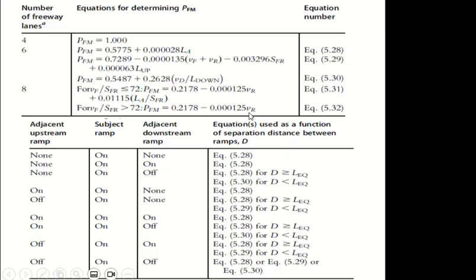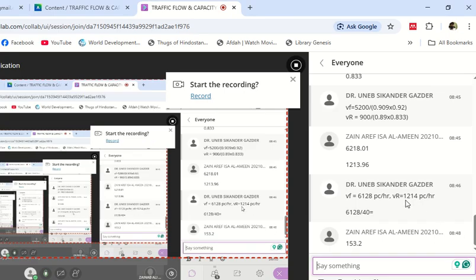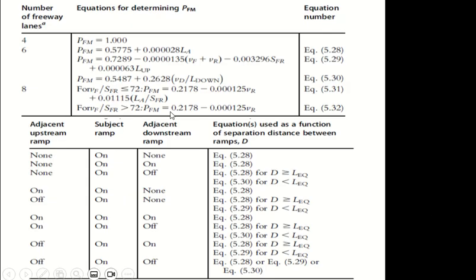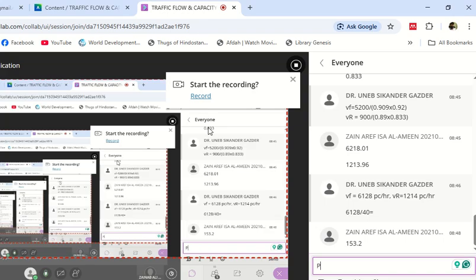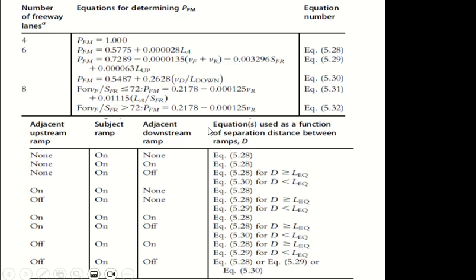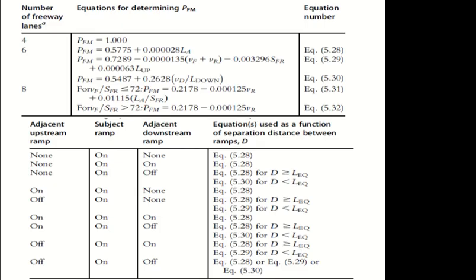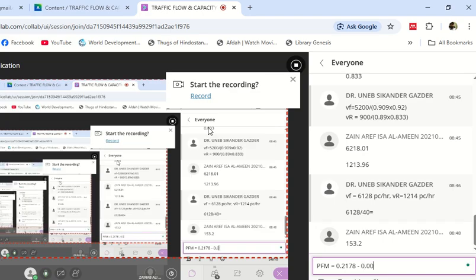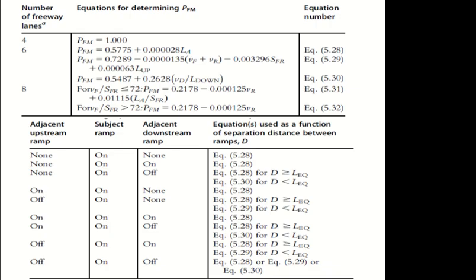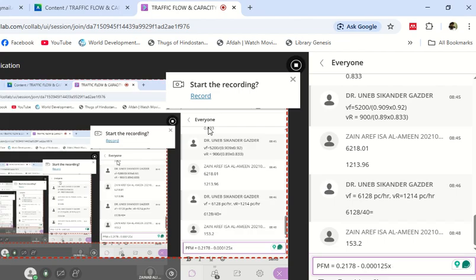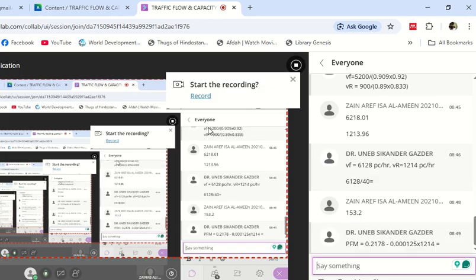So I will simply put VR here. My VR is 1214. So PFM equals 0.2178 minus. So how much is that?